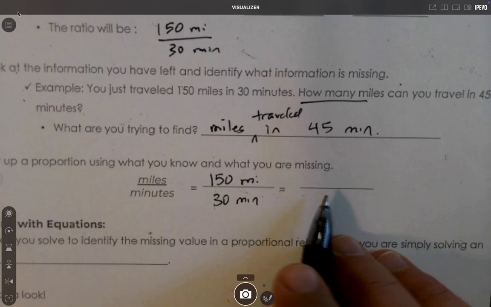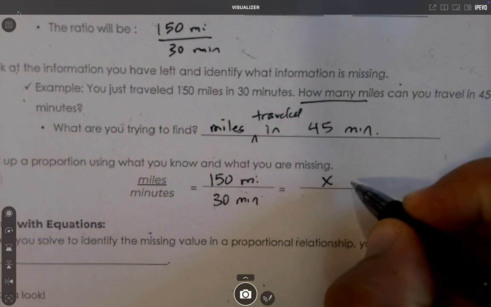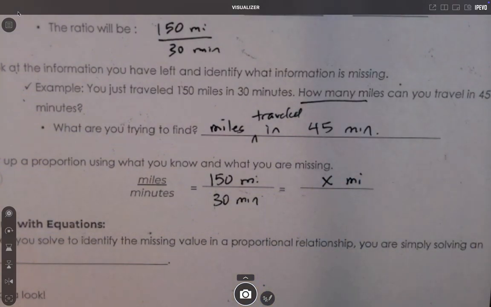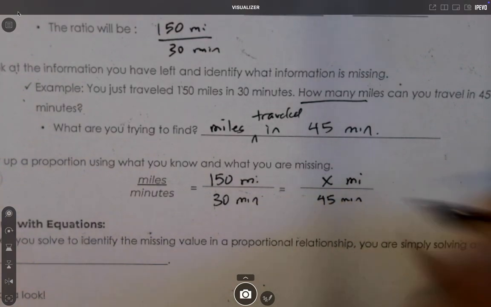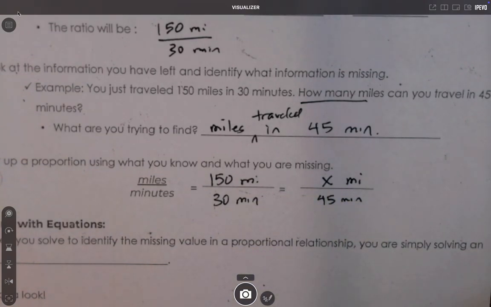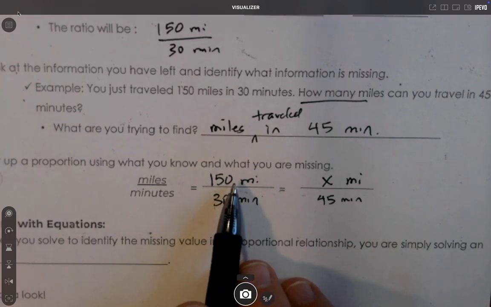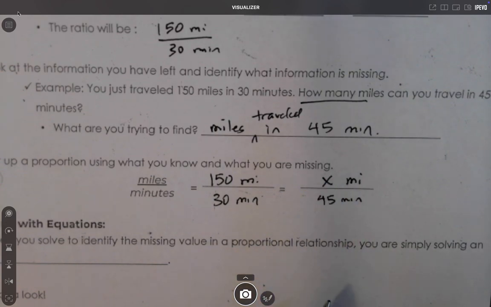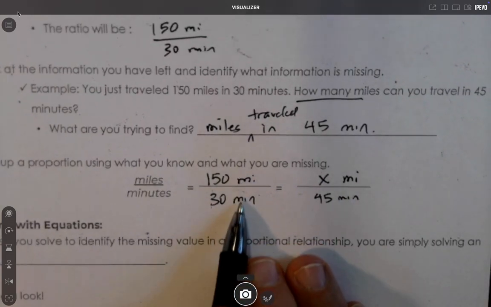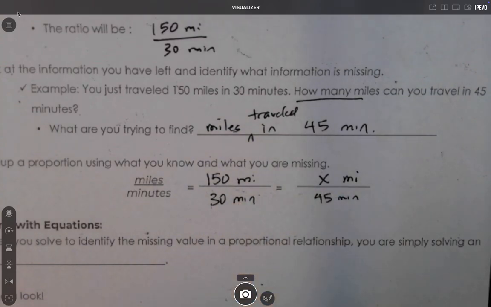And over here, we want to know how many miles. So I'll just put X because we don't know what it is, but we do know the amount of time is 45 minutes. So we know fully they traveled 150 miles in 30 minutes. What we want to find out is how far did they travel in 45 minutes. So we're using the information given to help us find out a new piece of data.